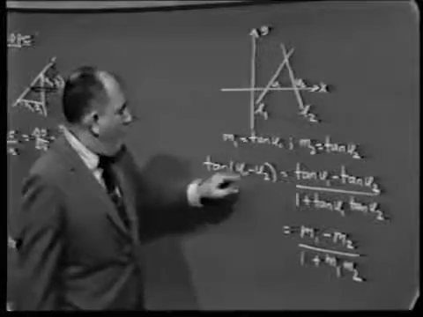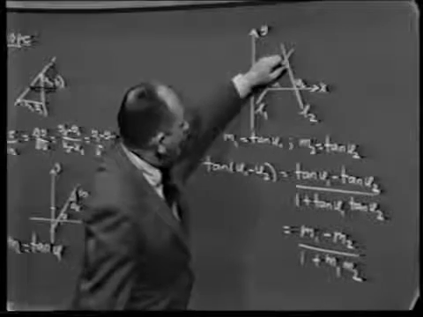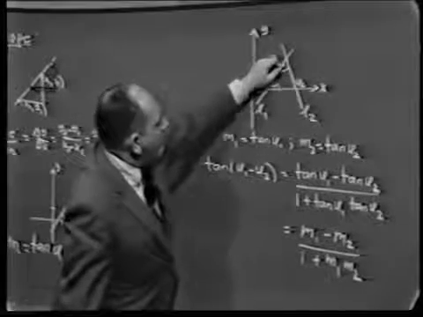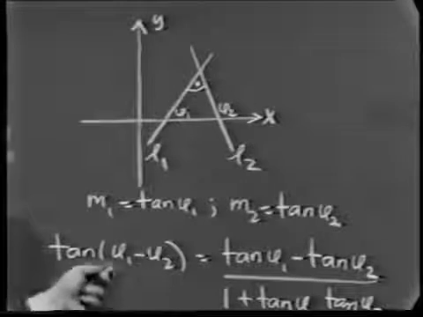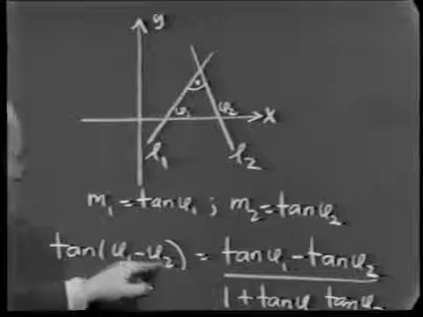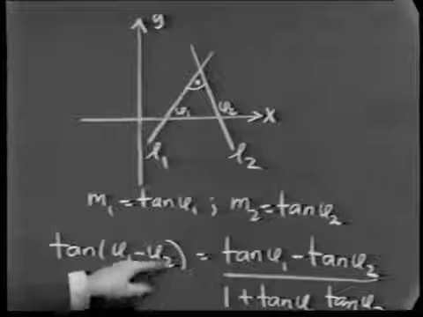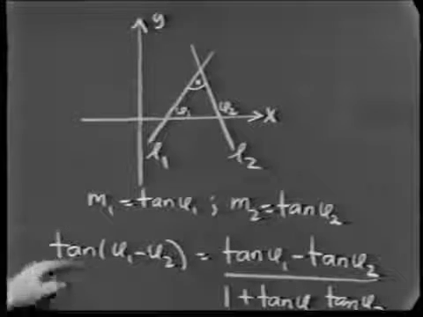Notice that our formula for the tangent of the difference of two angles, you see, notice that this angle here is, since this angle is the sum of these two, this angle here is phi2 minus phi1, or the negative of phi1 minus phi2. Should have had this phi2 minus phi1, but since that just changes the sign, that will not have any bearing on the point I want to make. Let's continue this way.